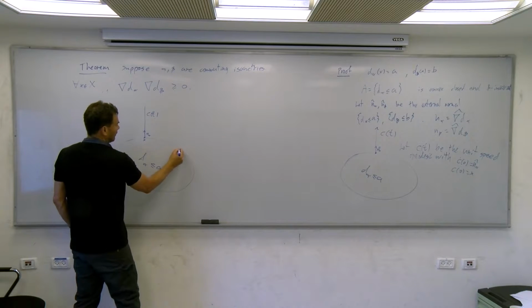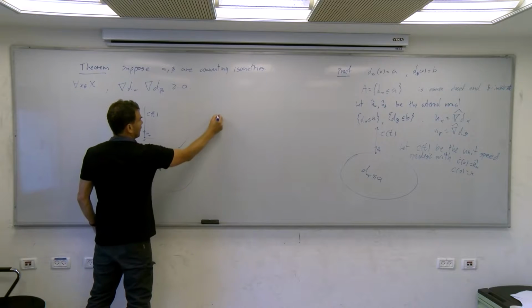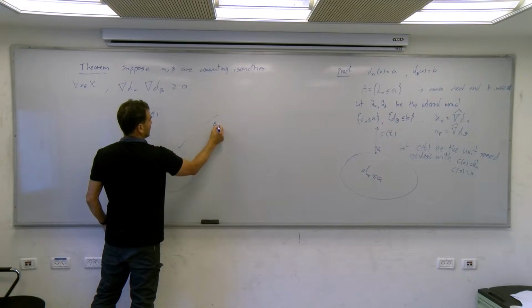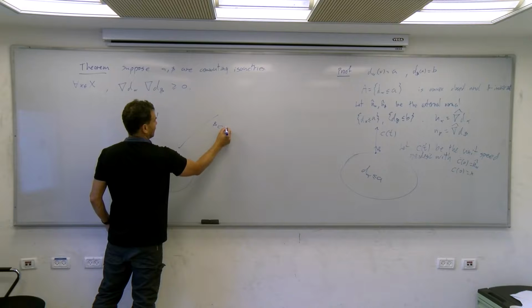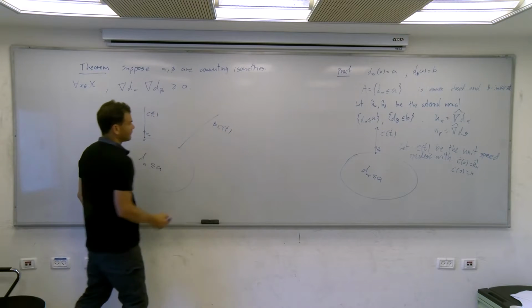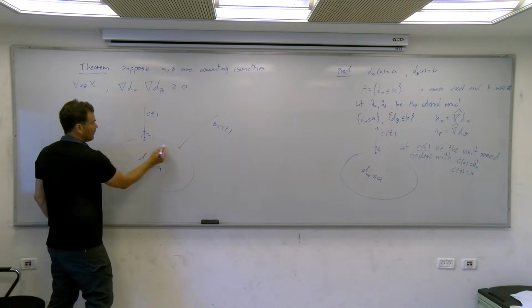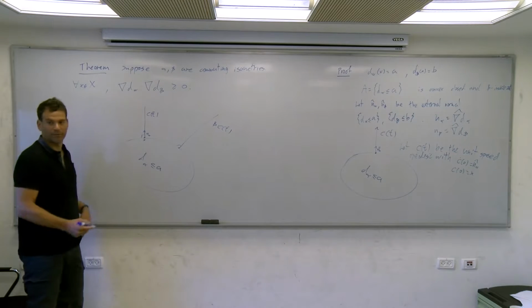And this will be beta times c of t. So it's orthogonal here.